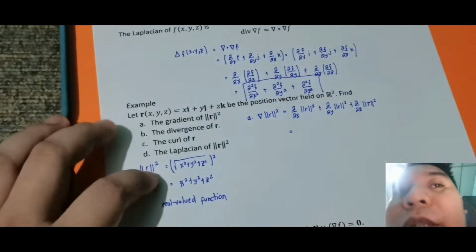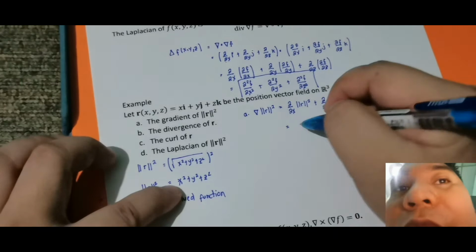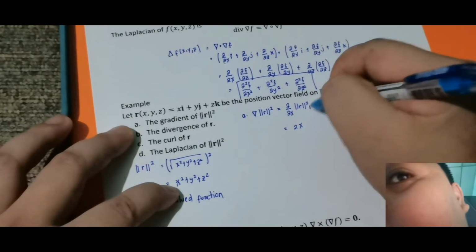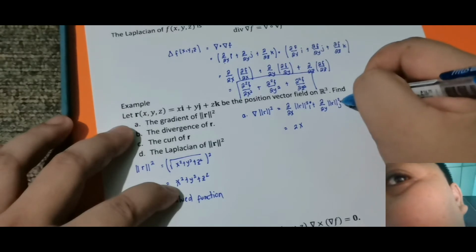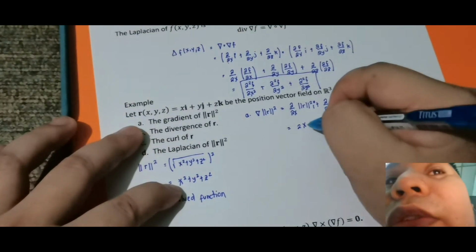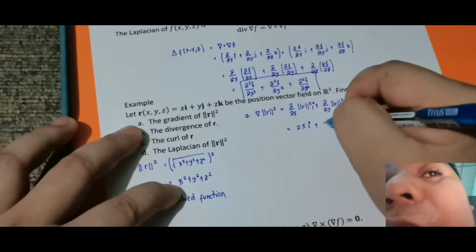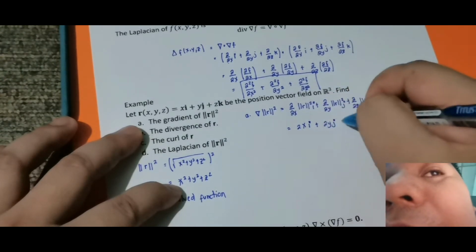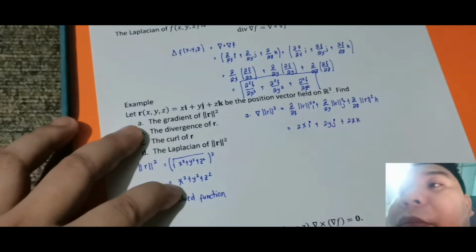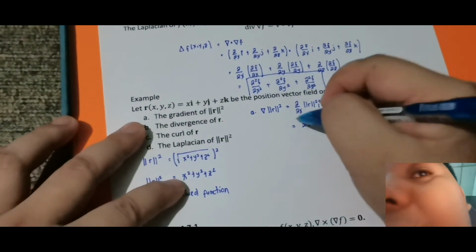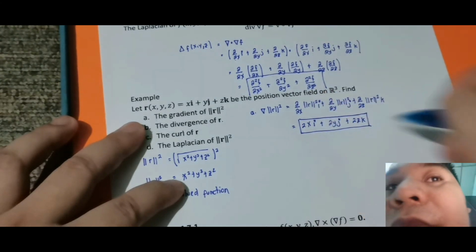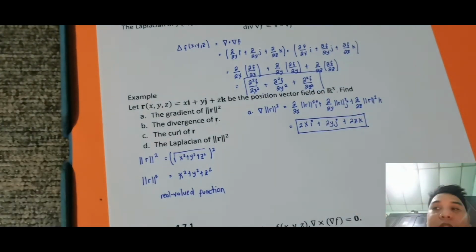So this is simply partial derivative nito with respect sa x, just 2x. Tapos lalagyan pala natin ng i rather. So, lagyan ng i, j, tapos k. Yan. So, this is just 2x i plus 2y j, then plus 2z k. Okay. So, I think ito yung ating gradient. Okay. So, therefore, the gradient is that thing.